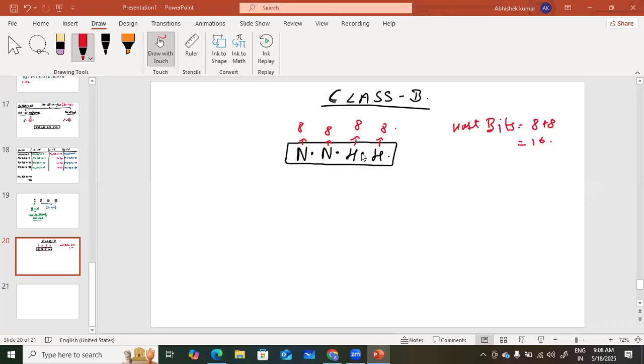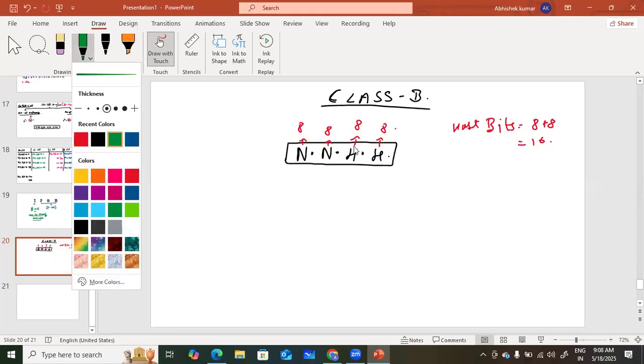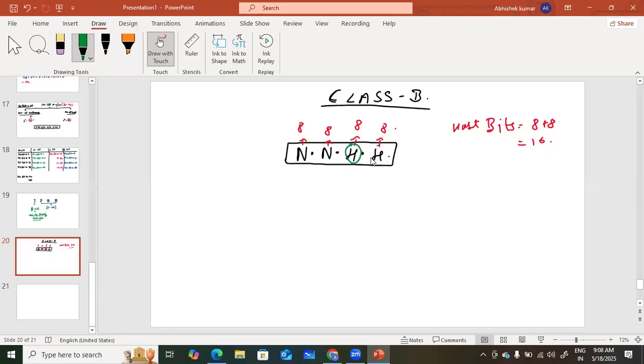Okay, great, Arvind. And how many octets do I have for host? This one is the third octet, and this is the fourth octet. So I have to perform subnetting for 2 octets.